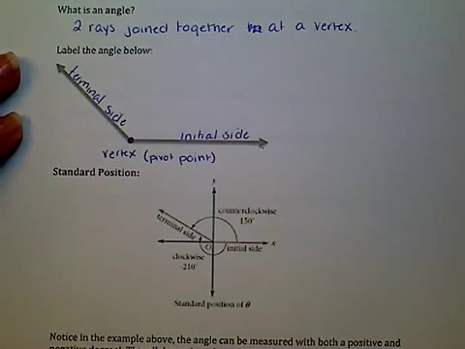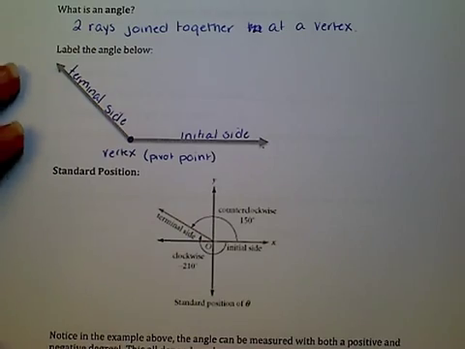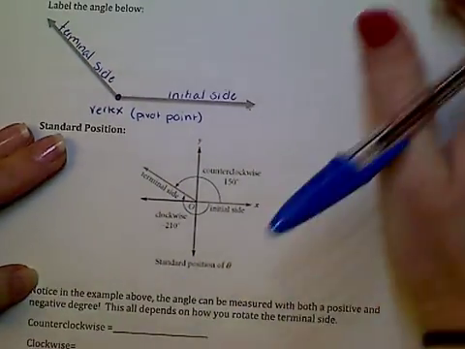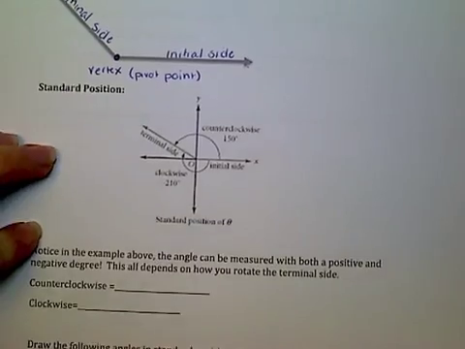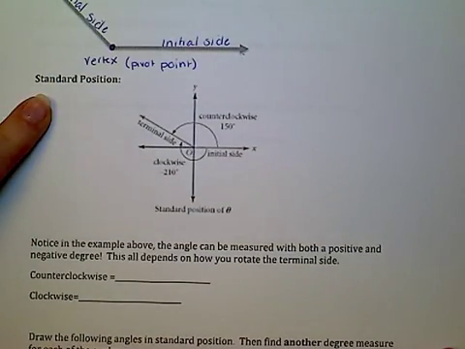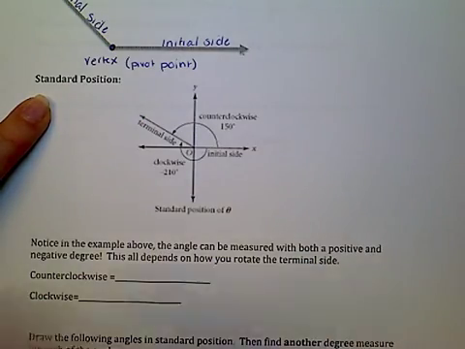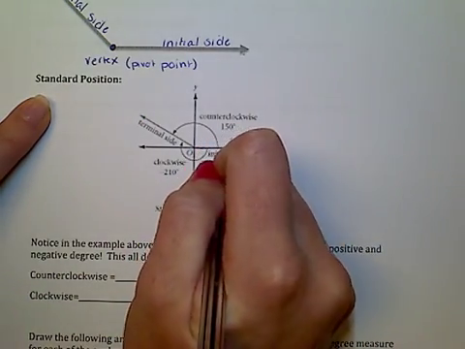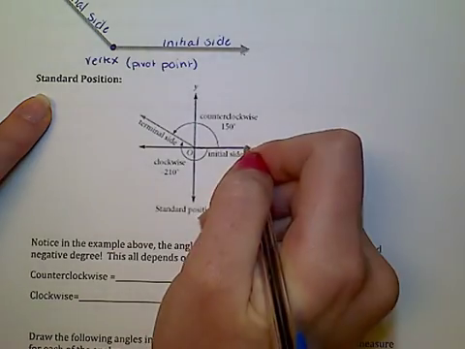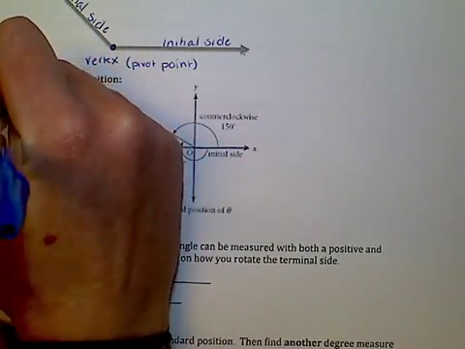Now, something that we will do quite frequently in this class is we will put an angle on the coordinate plane in what we call standard position. And I have an example here of an angle in standard position. The initial side lies right there. So that's one thing about standard position.